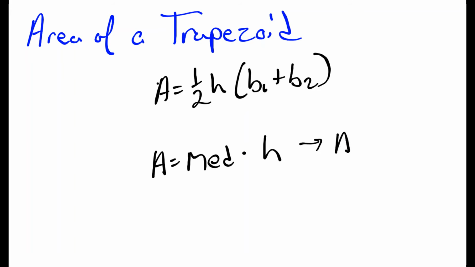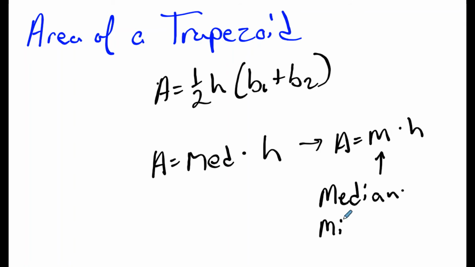Chances are you will see me use just this: M times H, median times height. Depending on the author, the median might also be referred to as a mid-segment.